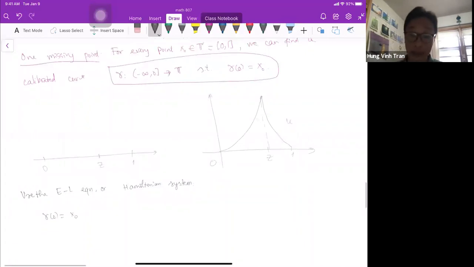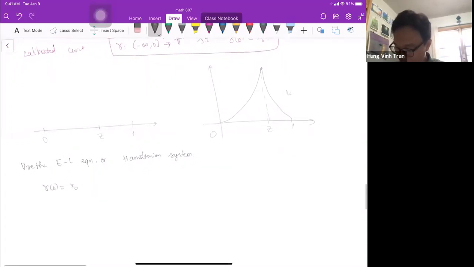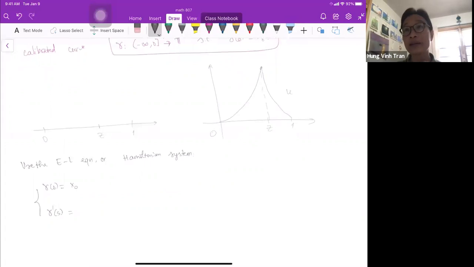Again, I have to be careful if x naught equals z, but let's just write it down. Remember when I write out the calibrated curves, gamma prime of s is x prime of s, which is nothing but the derivative of H with respect to p at (x(s), p(s)).